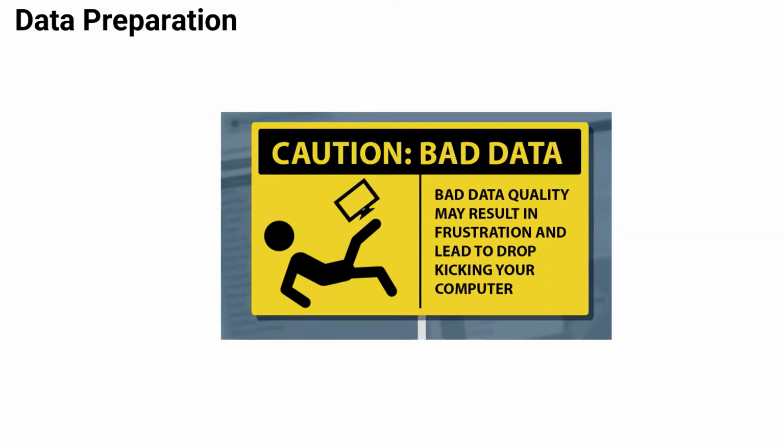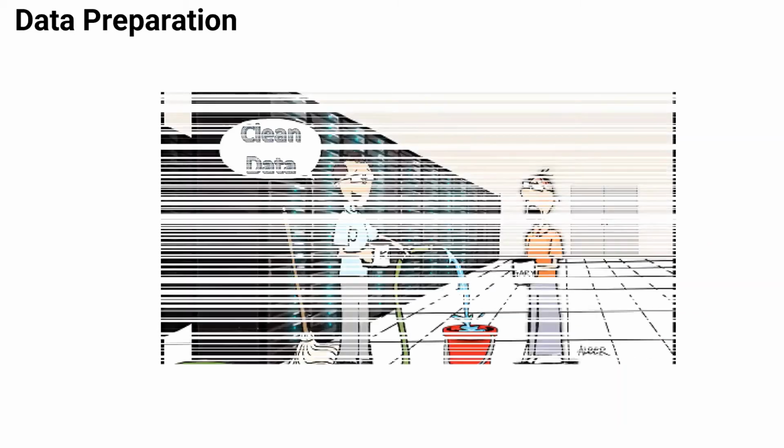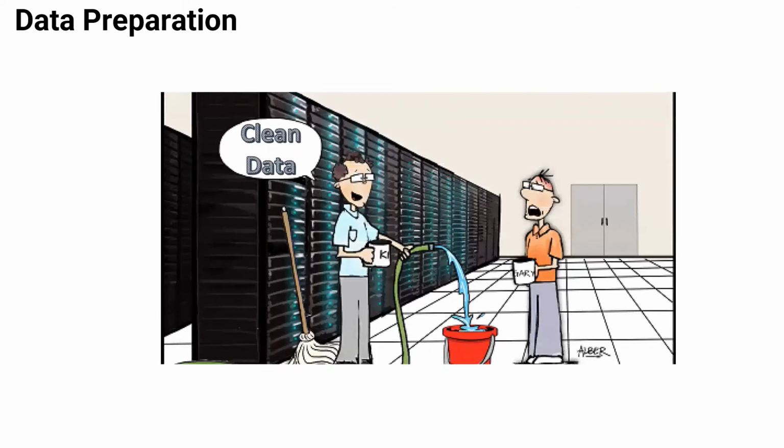I actually wrote a piece on this in Forbes about a year ago: why infusing AI into IT operations is more about the data than AI itself, where I talk about these issues in more detail. So the bottom line is, if you don't spend enough time preparing your data, it'll result in what I call a garbage in, garbage out situation. So this is actually an area where RDA can help a lot, which I'll discuss later in detail.